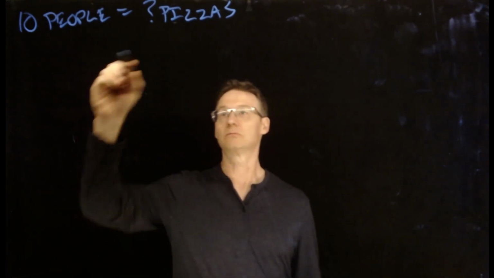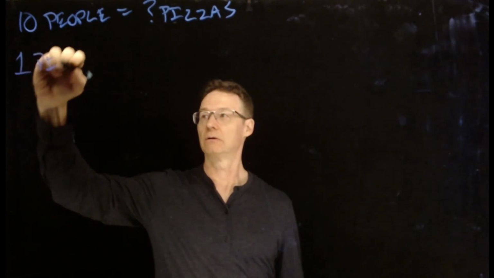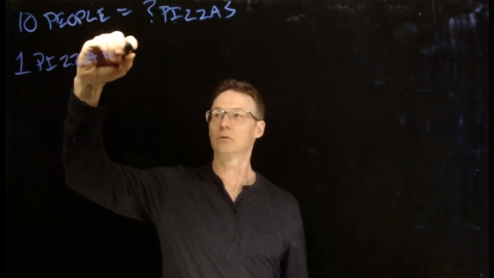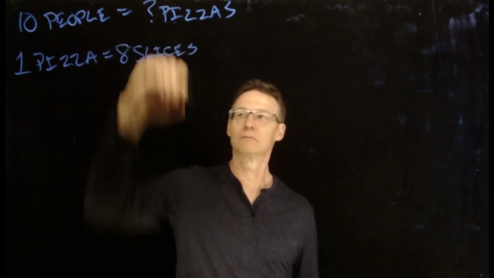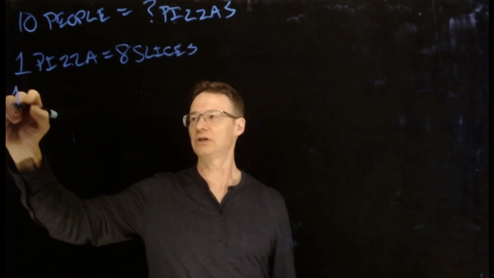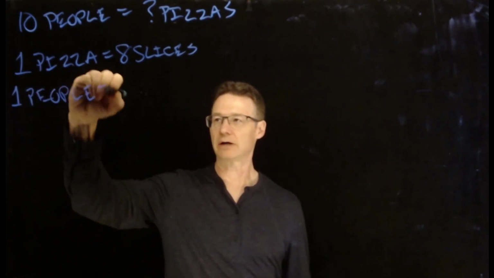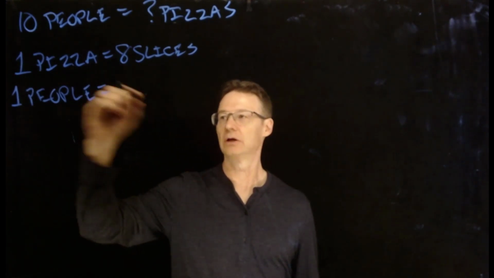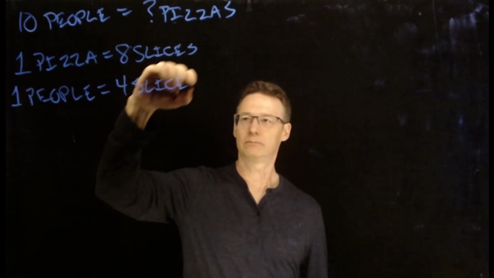Well, remember that in our last problem, we said that 1 pizza equals 8 slices. Well, what if we said that each person, or each people, I'm going to write it people, I know that's not grammatically correct, but just to keep the units together, 1 people is going to eat 4 slices.